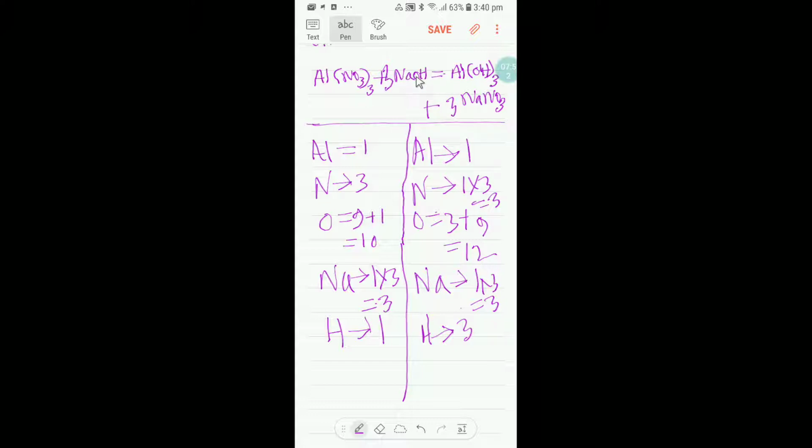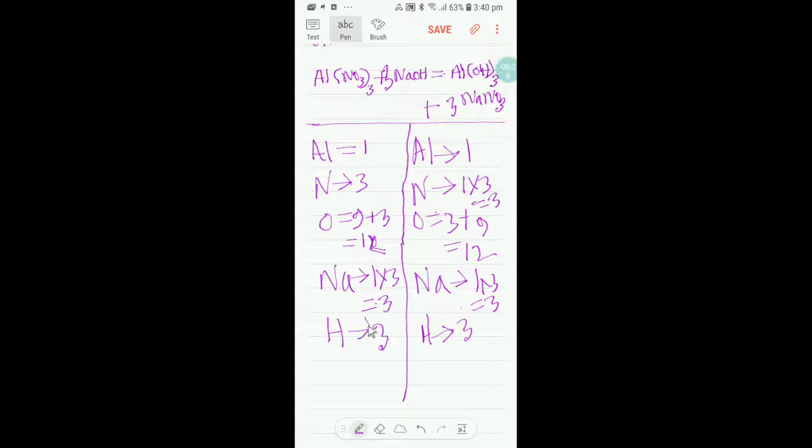So we are getting here 3 oxygen plus 9 oxygen, 3 times 3 plus 9, right? So we are getting here 12 oxygen, right? This is 12 oxygen, and number of hydrogen here is 3, but here we have 1. We just have to change the number of hydrogen here.